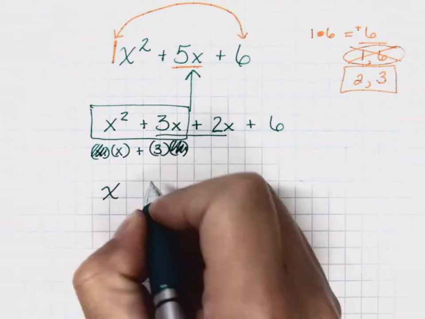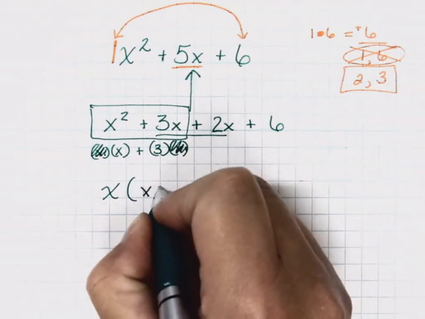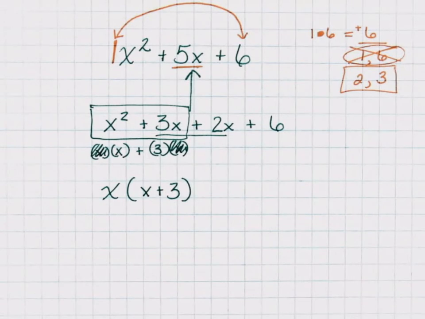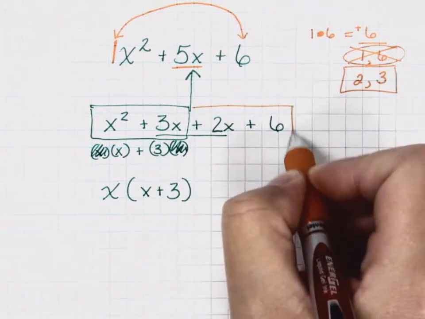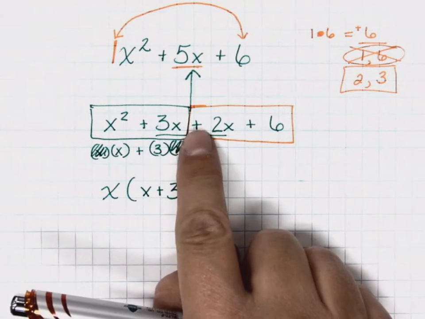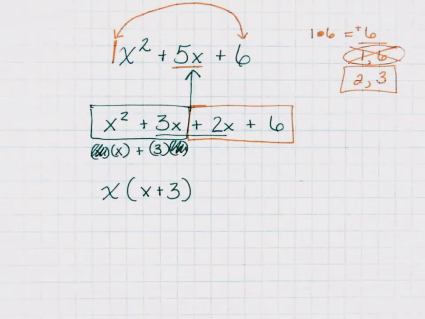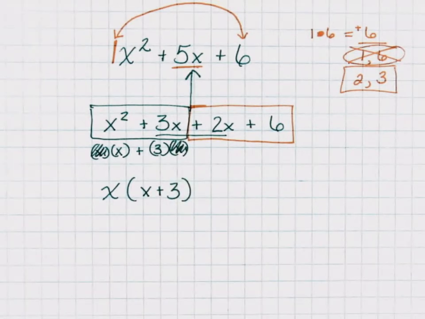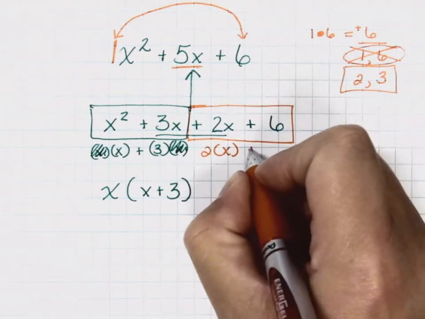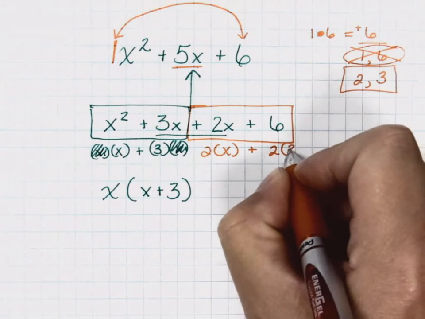So we're going to take an x out, and what's left goes in the bracket, x plus 3. And now we look at the last 2 terms. But remember, you got to take the sign in front of that 2, just in case it's a negative. And that's going to be 2 times x plus 2 times 3.